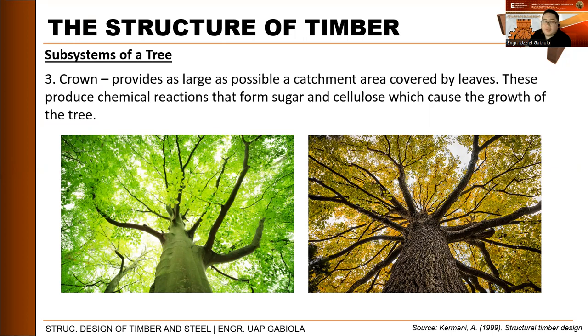Without growth, hindi magde-develop yung strength ng ating mismong timber. So kung walang strength, we cannot use it for structural purposes. Okay? Kaya this subsystem has their different roles to do for us to harvest yung required na material natin na magagamit natin for our buildings.